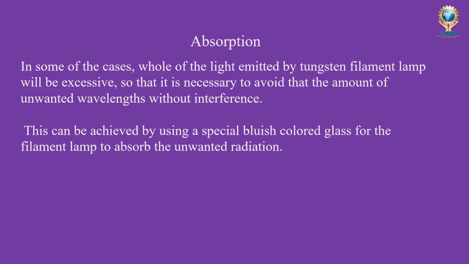It should not interfere with the other wavelengths. This can be achieved by using special bluish colored glass for the filament lamp to absorb the unwanted radiation. So if you use this special bluish colored glass, it will absorb the unwanted radiation, so we can avoid the unwanted wavelength interference.